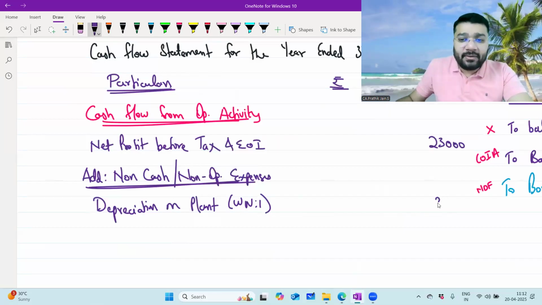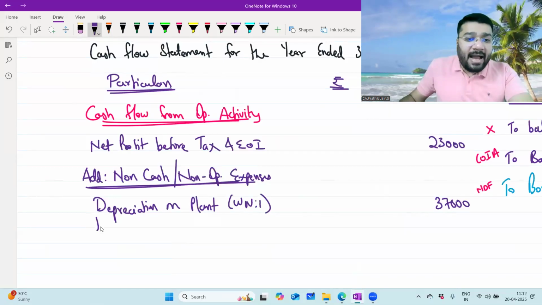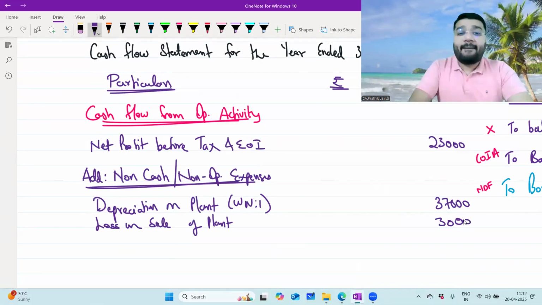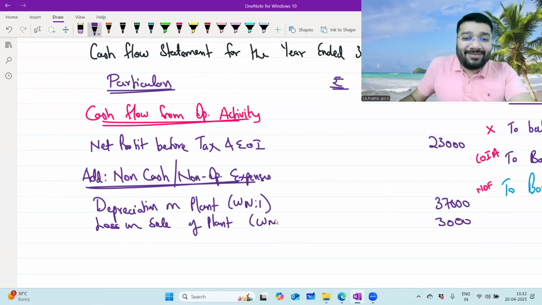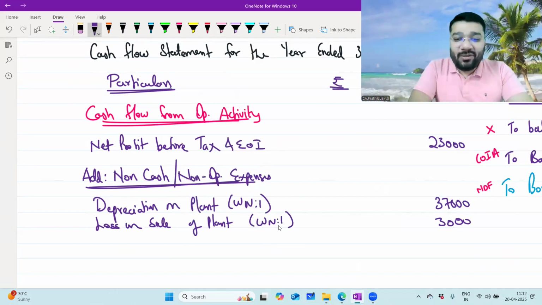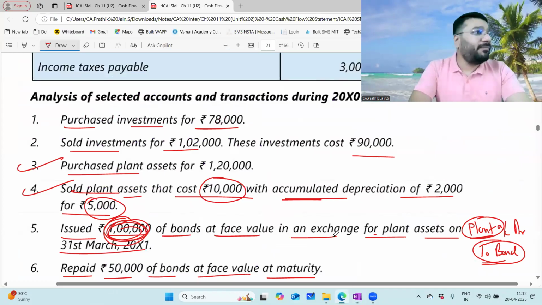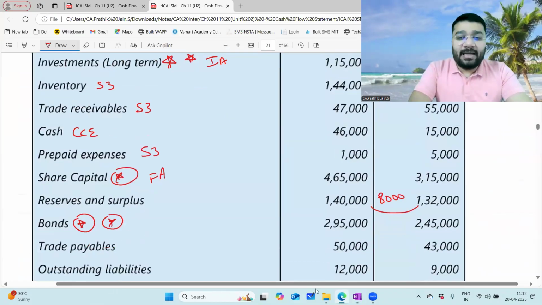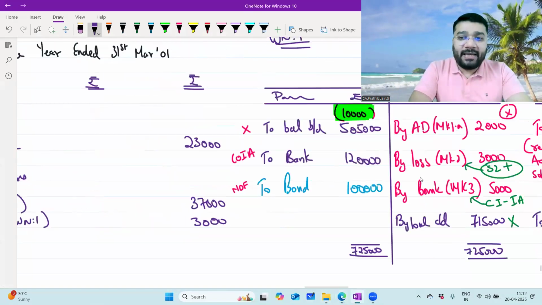How much is it? 37,000. Then add loss on sale of plant. How much? 3,000. Any problem? Working note number 1. Done? Yes, sir. Now, next, which ledger should I open? Investments. Investment ledger. Let's open it. Working note number 3.